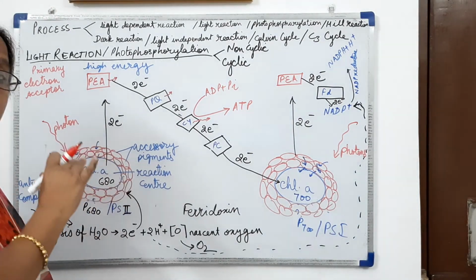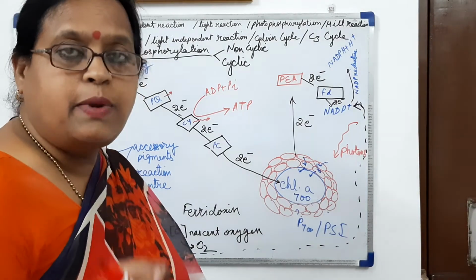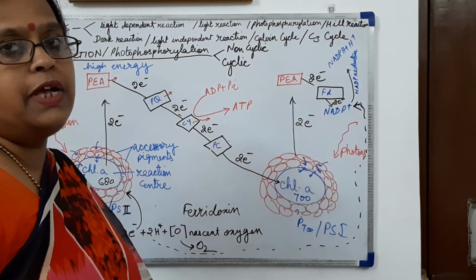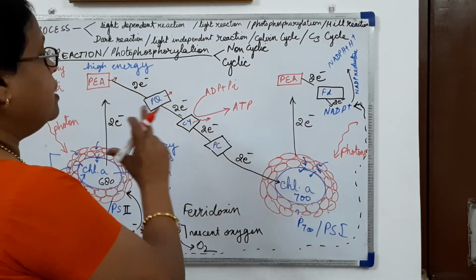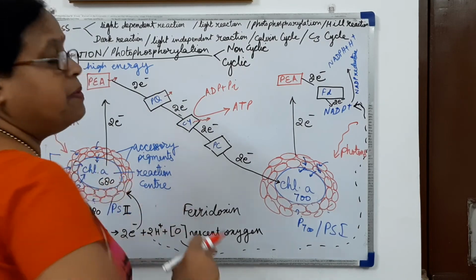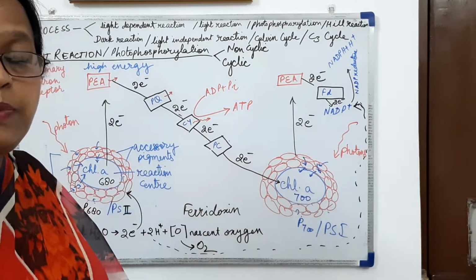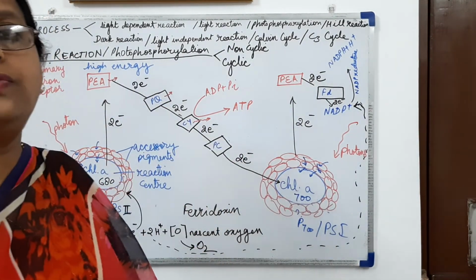So they are requiring the electrons from outside, that is by the photolysis of water, to fulfill the loss of electrons. So because the electrons are not coming back to the pigment system in the process of synthesis of ATP, we call it non-cyclic photophosphorylation.